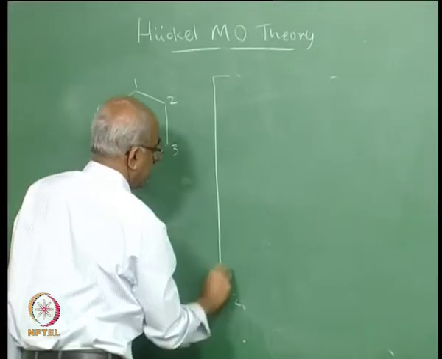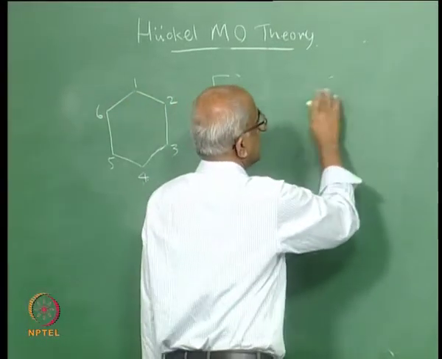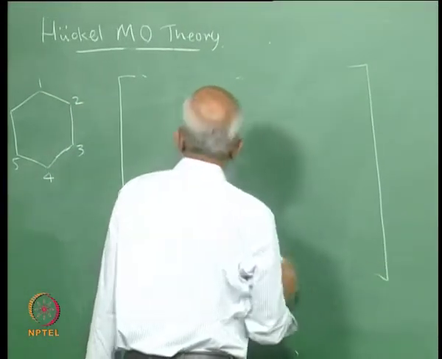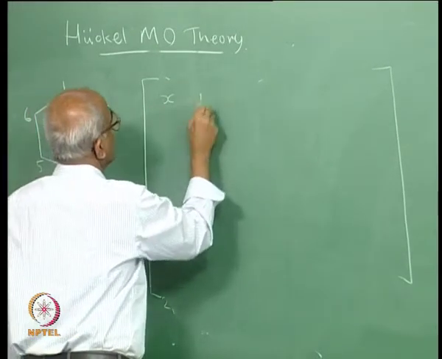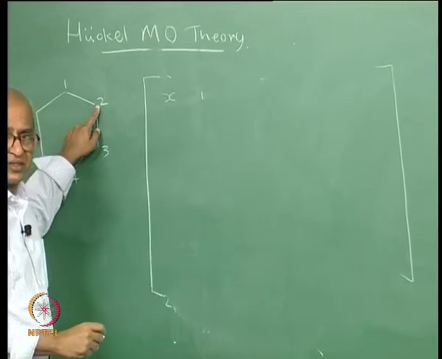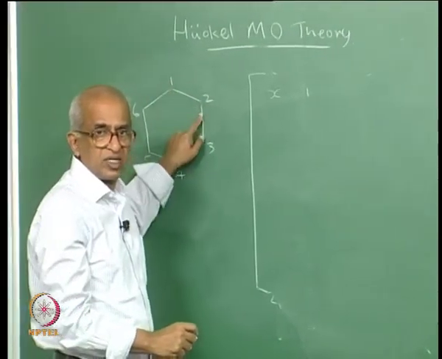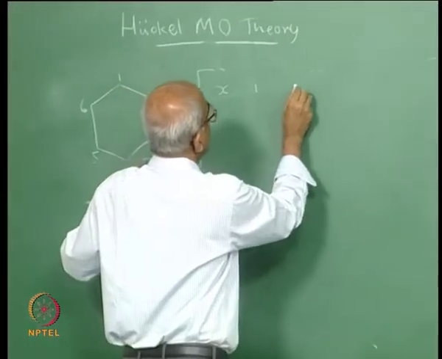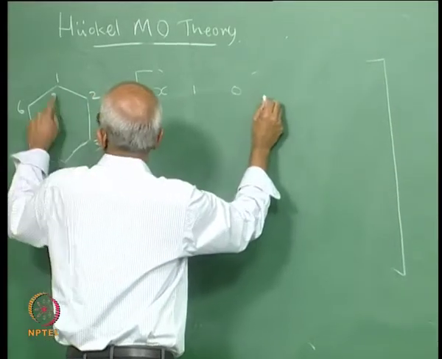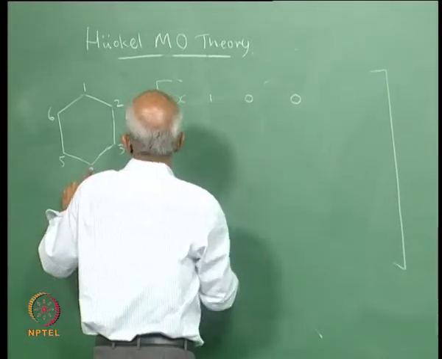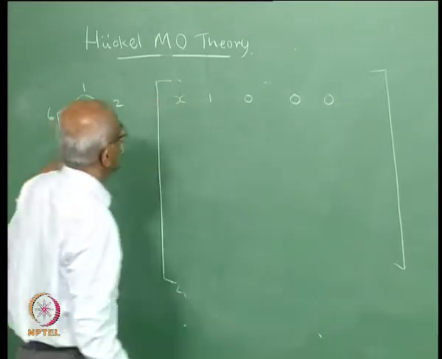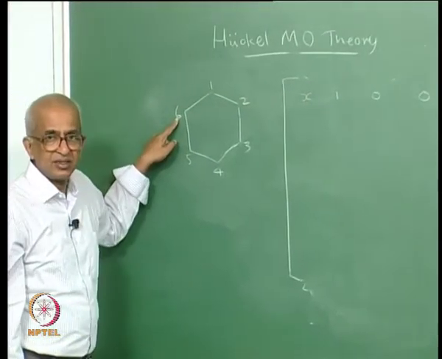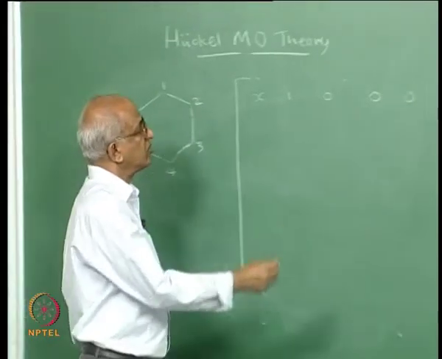So, naturally, the Huckel matrix will be a 6 by 6 matrix. Okay. So, you will have x. Here you will have 1 because 1 and 2 are neighbors, right. So, you will have 1, then 1 and 3 are not neighbors, so you will have 0. 1 and 4 are not neighbors, so that means another 0. 1 and 5 again are not neighbors, but if you think of 1 and 6, they are neighbors and therefore, you are going to get a 1 here.